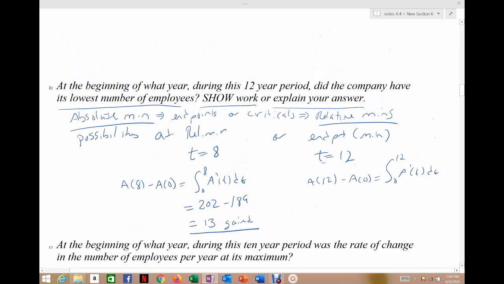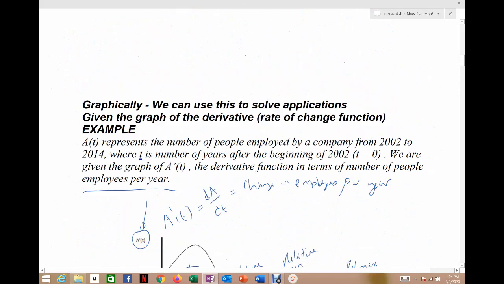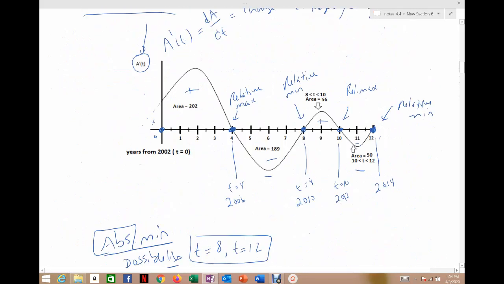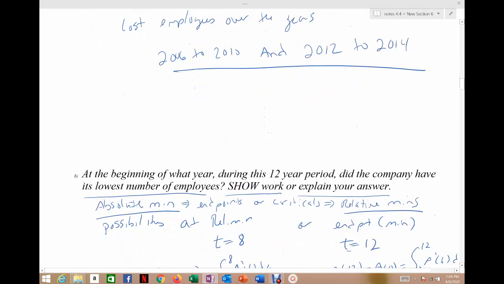So I'm going to add all my areas up. So I add 202, subtract 189, add 56, subtract 50. So I'm going to do all of those over here.